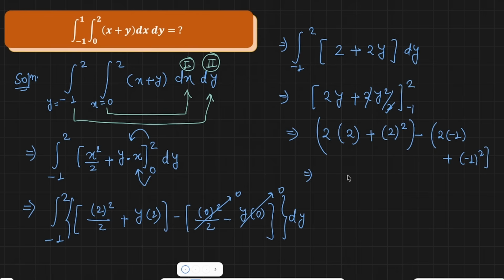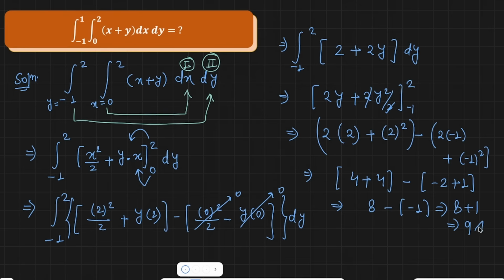So what will be the answer? It will be 4 plus 4 minus, -2 plus 1. So it will be 8 minus -1, and 8 plus 1 will be 9. So this is the answer of this question. You can solve this question very easily using this. This is the solution.